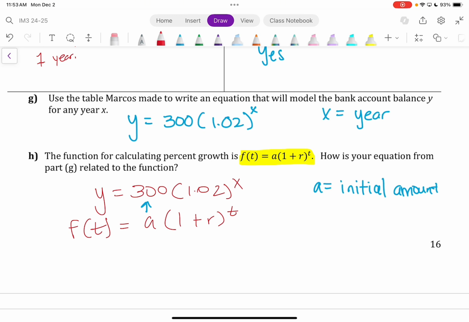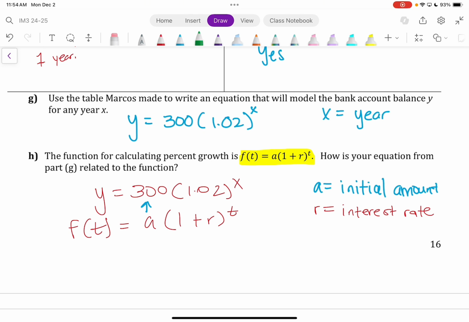Now, 1.02, well, we know where the 1 came from. The 1 represents 100%. R represents your growth, or your interest rate. That's where the R comes from. We actually did 1 plus 0.02, giving us 1.02.